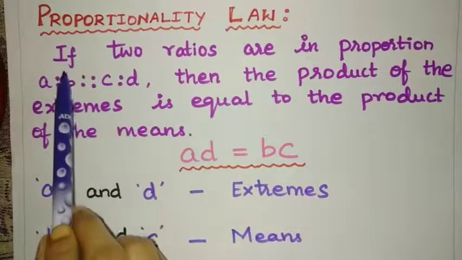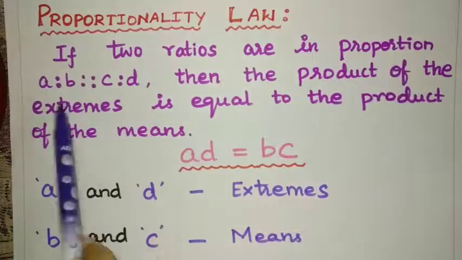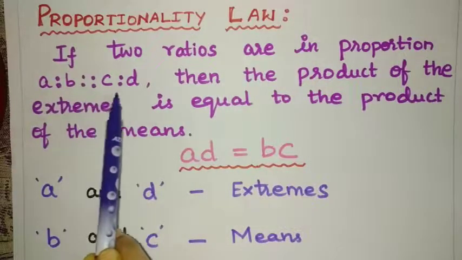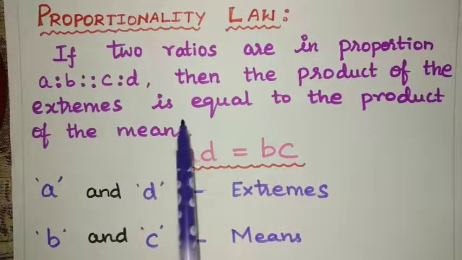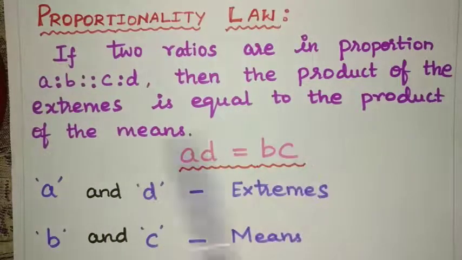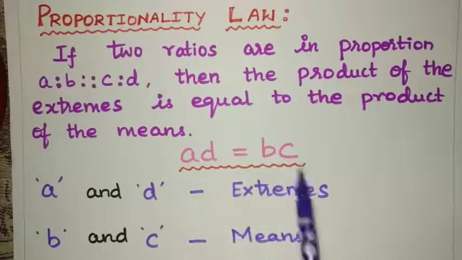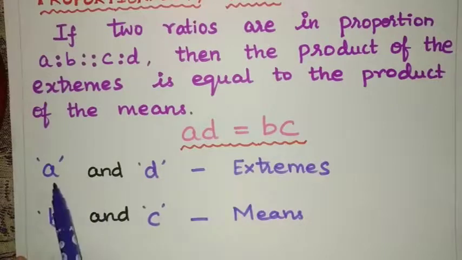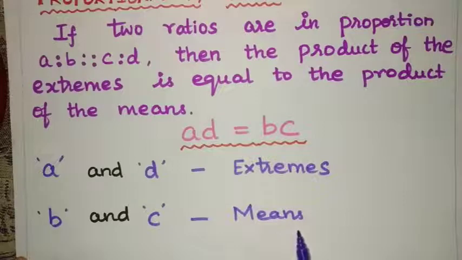I'll repeat. If two ratios are in proportion, A is to B is C is to D, then the product of the extremes is equal to the product of the means, that is AD equal to BC, where A and D are called extremes and B and C are called means.